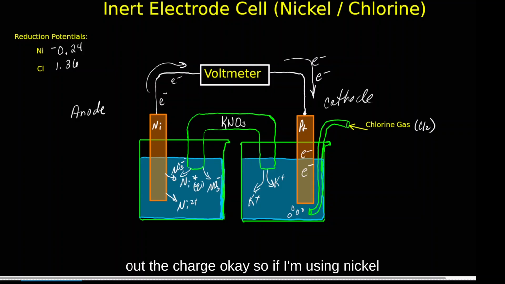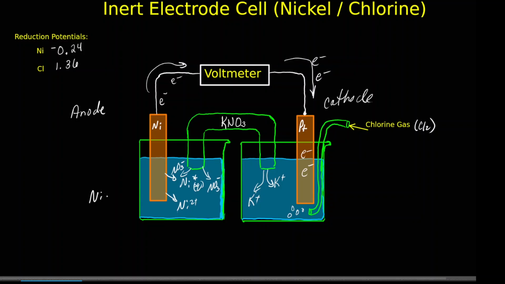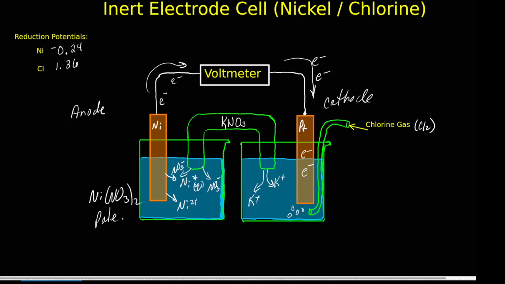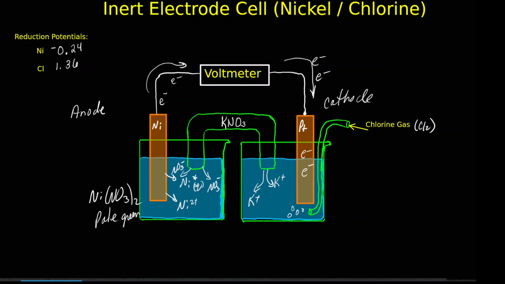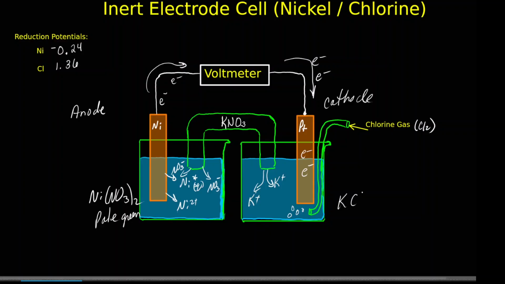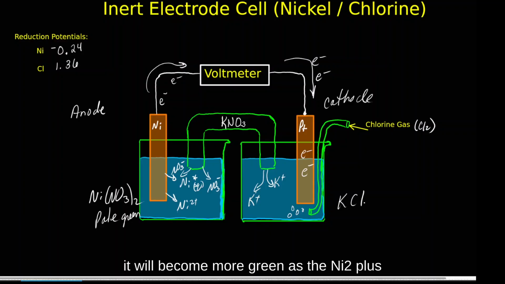Okay, so if I'm using nickel nitrate here, it has a pale green color, and this is clear on the other side. And if I use something like KCl, for example, on this side, it will become more green as the Ni2 plus ion concentration increases.